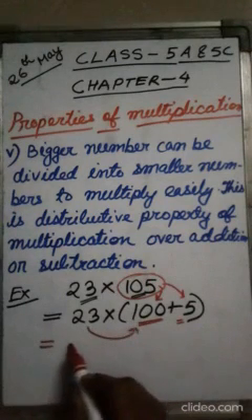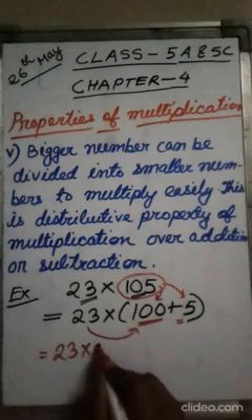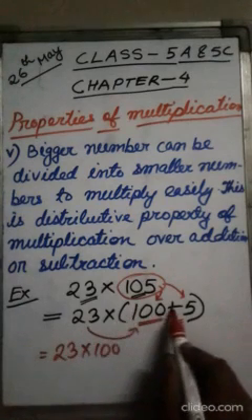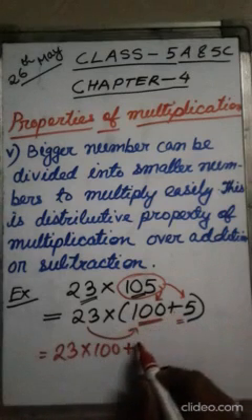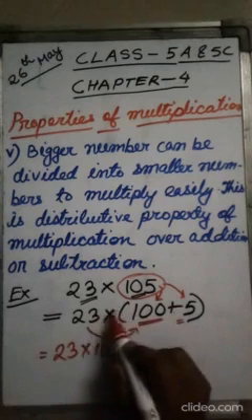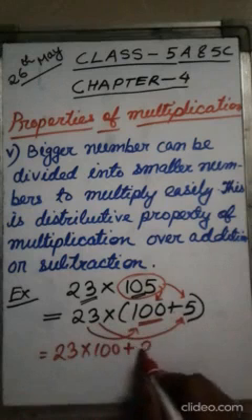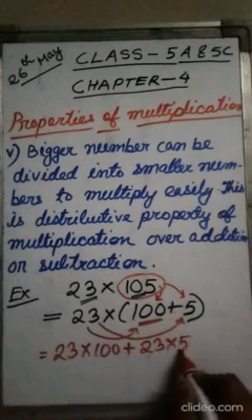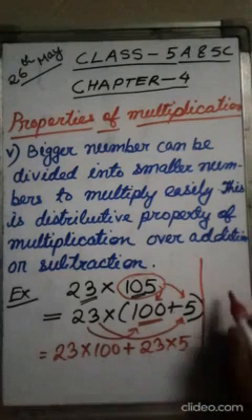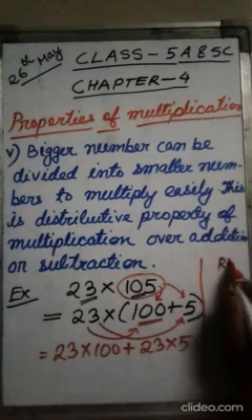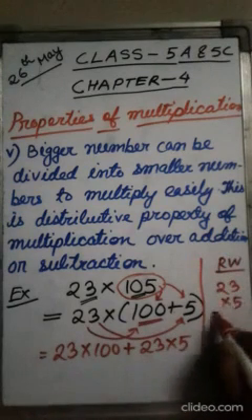Now what can I write? 23 into 100. Then plus again 23 into 5. So in your rough work area you will find 23 into 5.